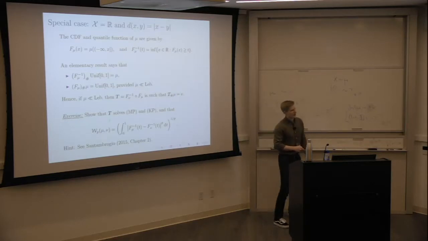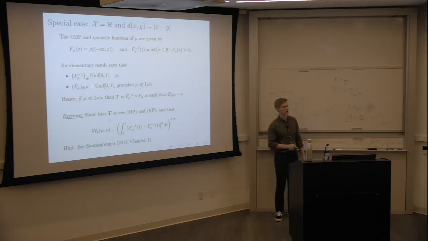And so these two properties together allow us to formulate a transport map between two distributions mu and nu, provided that at least one of them, in this case, let's take mu, has a density with respect to the Lebesgue measure, right? If we take T to be the quantile function of nu composed with the CDF of mu, then if we take a random variable distributed as mu, applying this first part to it gives us a random variable distributed uniformly, right?